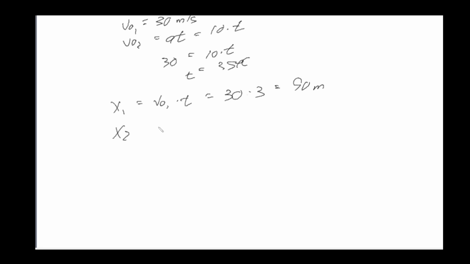For x2, the equation would be equal to 1/2 a2 t squared, which is equal to 1/2 times 10 times 3 squared, which becomes 45 meters. So the cars have the same velocity at 3 seconds, and car 1 is at 90 meters and car 2 is at 45 meters.